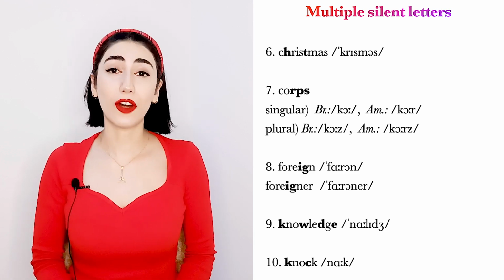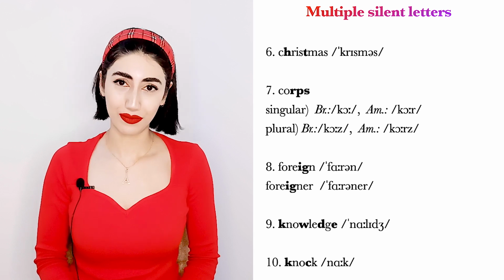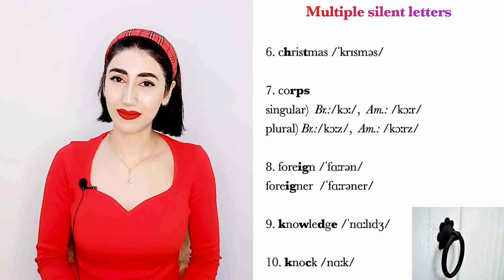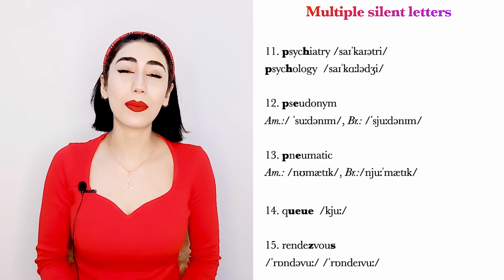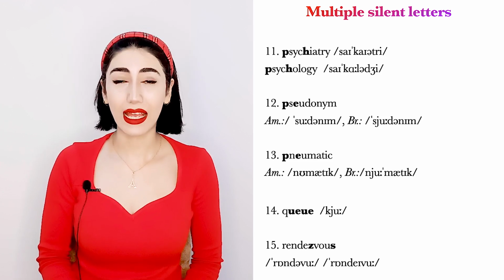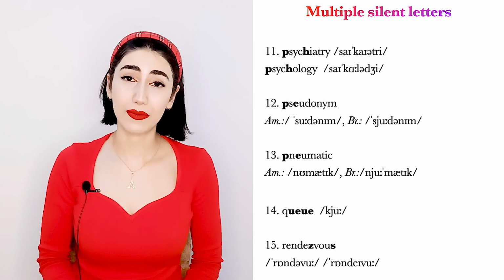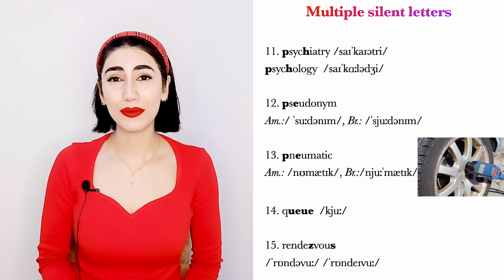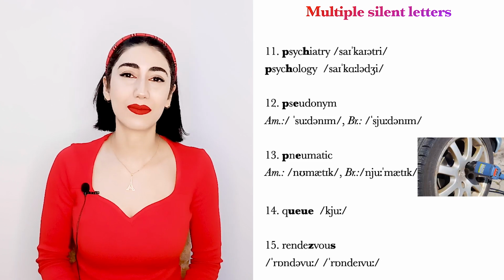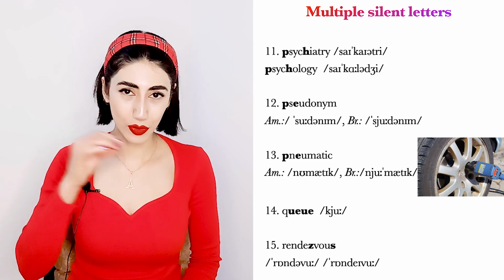Then we have foreign and foreigner, knowledge, knock, psychiatry, psychology, we talked about them before, yeah? But you see both P and H are silent. And then other situations with P, like in pseudonym, pneumatic, Q. It seems like UE, all are silent. Just Q with Q sound.